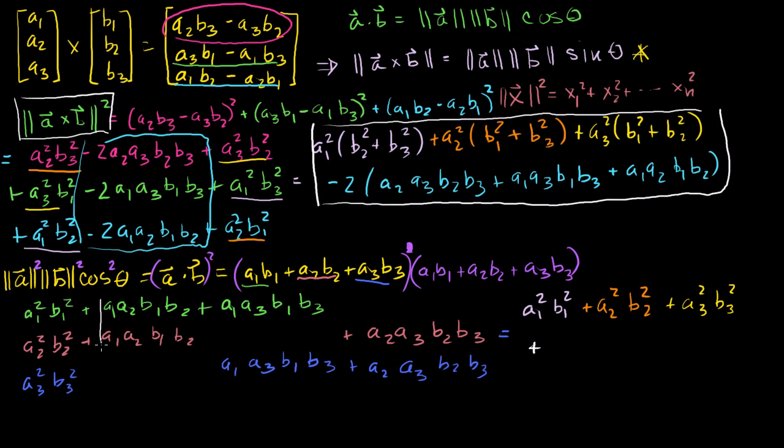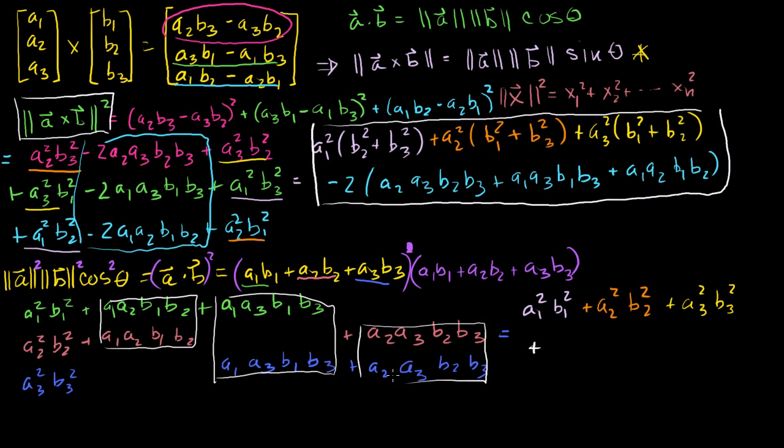You have this term times 2. You have this term times 2. And then you have this term times 2. So plus 2 times a1, a2, b1, b2, that's that term, plus this one right here, plus a1, a3, b1, b3.